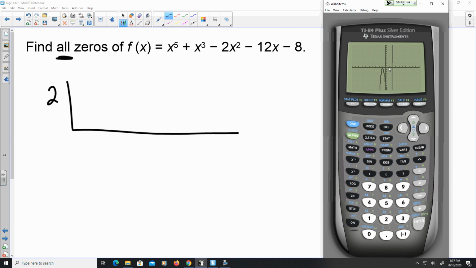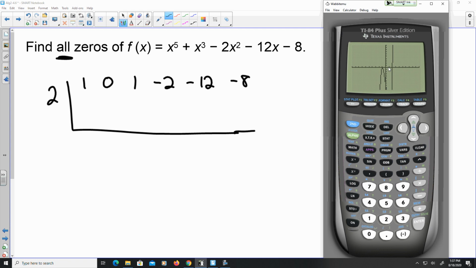So now let's prove it using synthetic division. I have my 1, 0 because there's no x to the 4th, 1, negative 2, negative 12, negative 8. That's 5, 4, 3, 2, 1, constant.